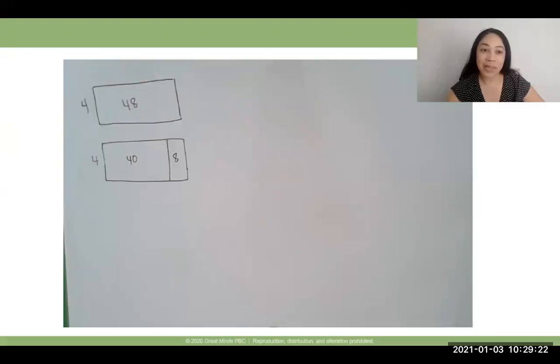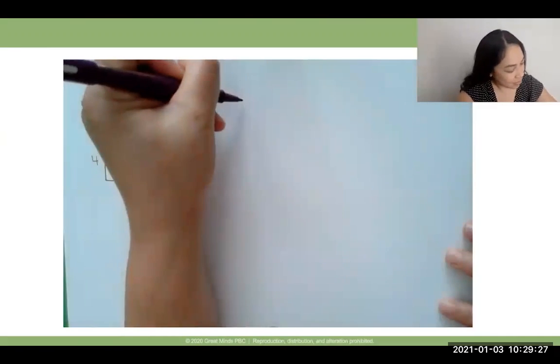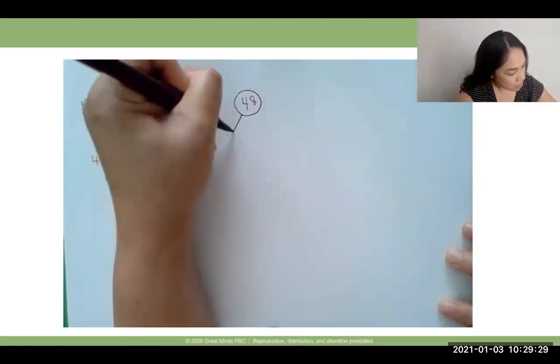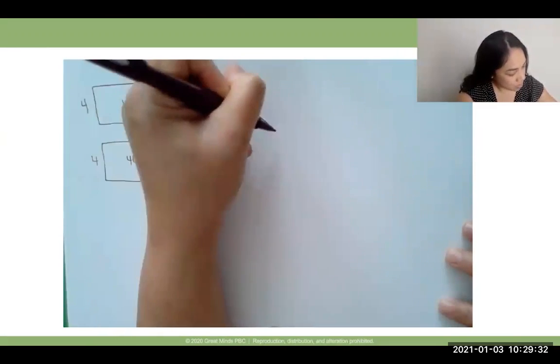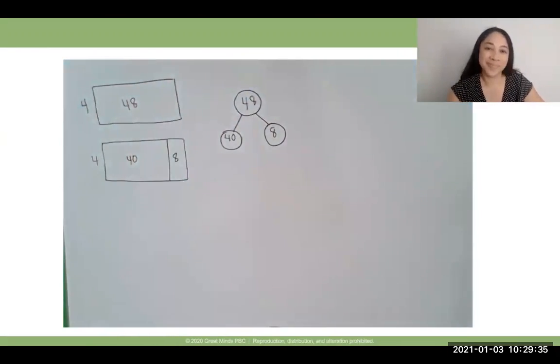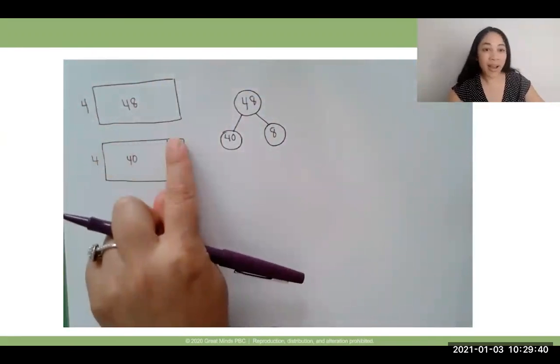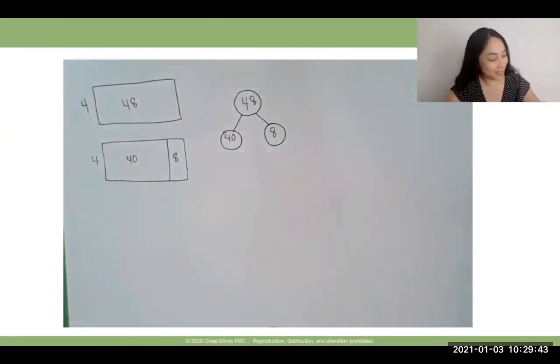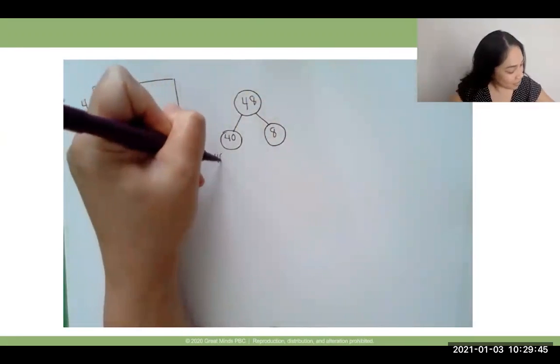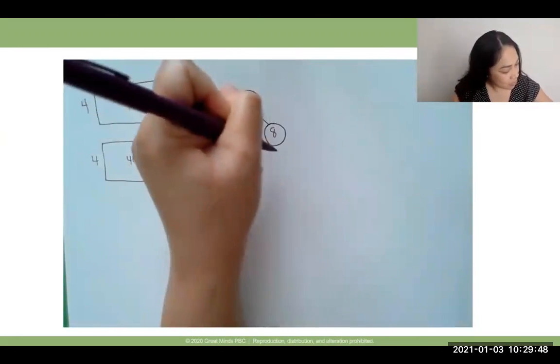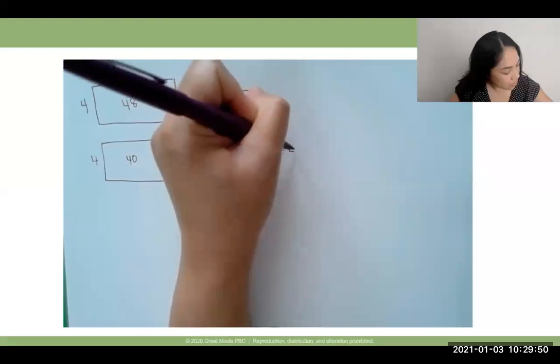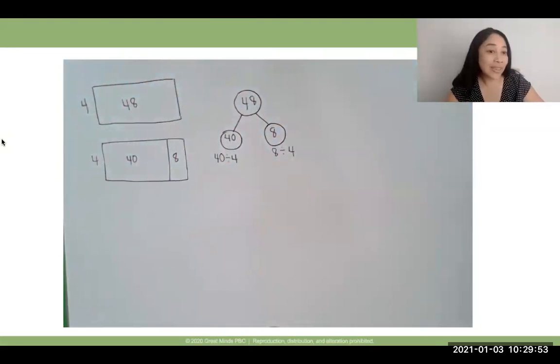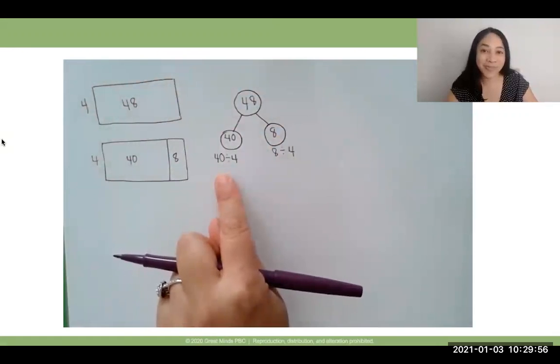Next, draw a number bond to match the whole and parts of the rectangle. Let's now find the unknown side lengths of the smaller rectangles. What is 40 divided by 4? 10.